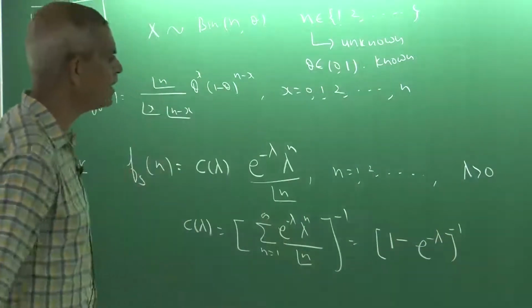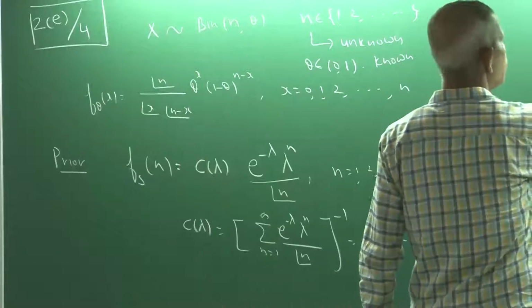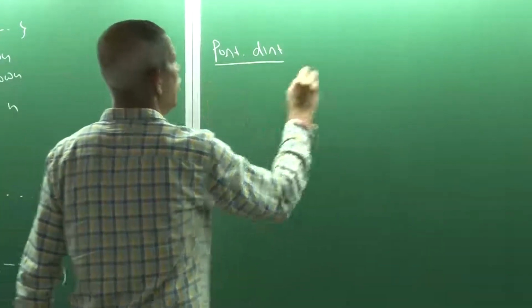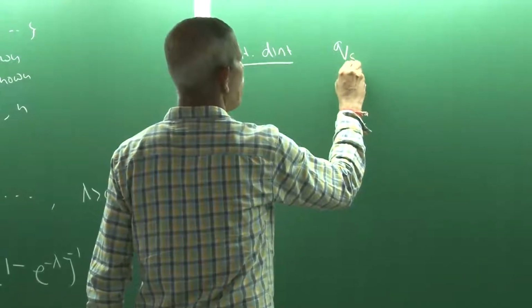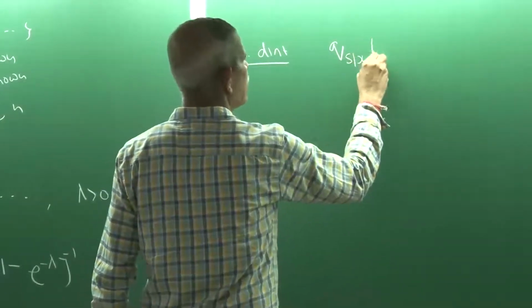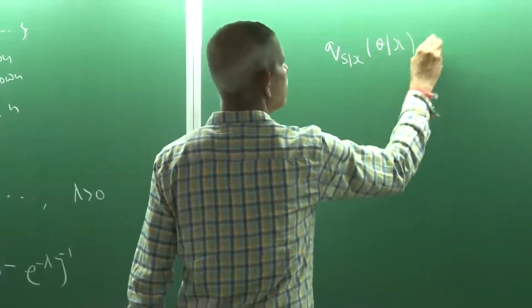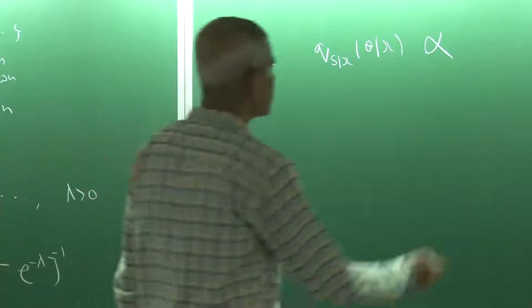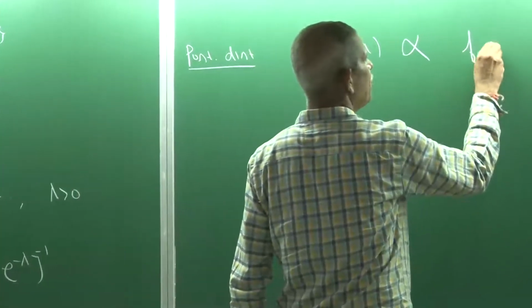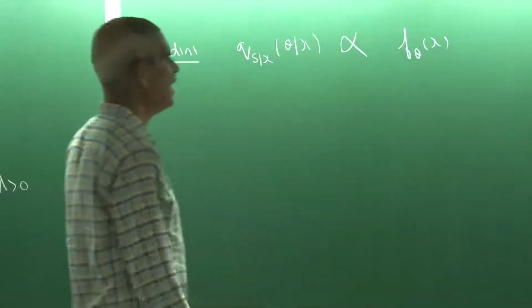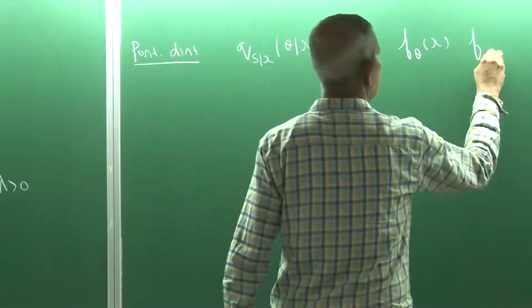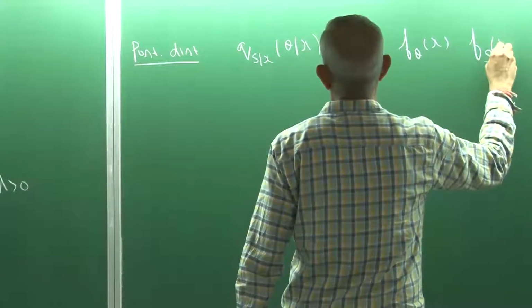Now if that is the case, then the posterior distribution in this case, let me write down q(s given x), this should be proportional to f_theta(x) times the prior f_S(n).